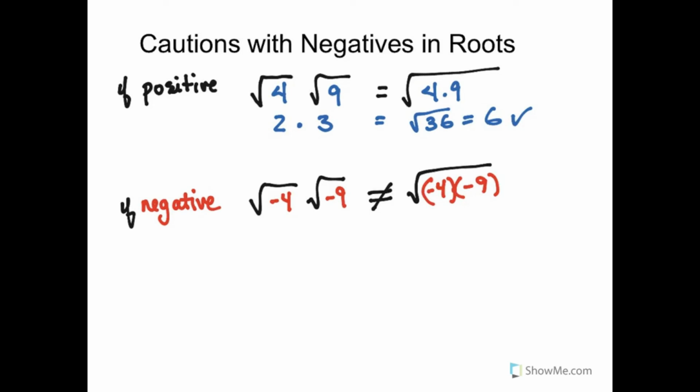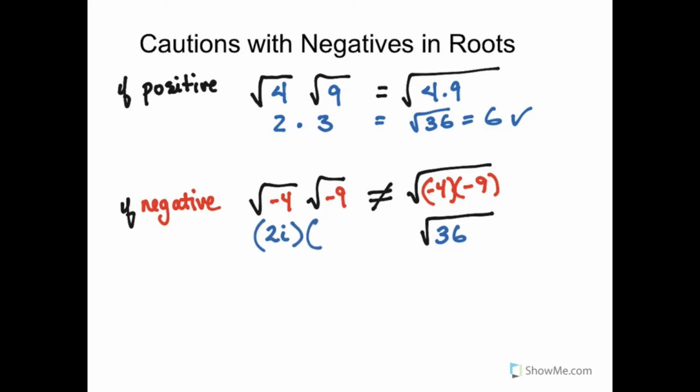The square root of negative 4 times the square root of negative 9 is not equal to the square root of negative 4 times negative 9, because the negatives cancel out inside the square root. You get the square root of positive 36, but over here the square root of negative 4 is 2i.